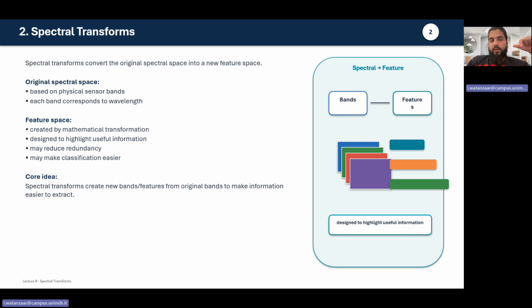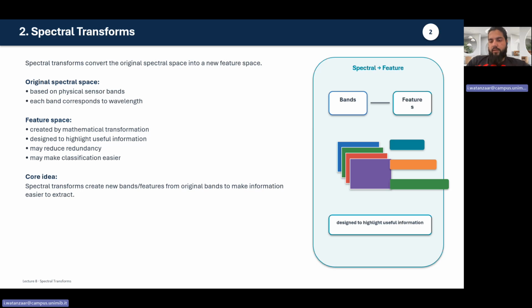This applies to the sensed spectra after certain pre-processing and data correction in basic analysis. So far we have seen those, but we would like to transform them more, and the idea of more transformation is to extract more features. The original spectral space is based on one physical sensor, and each band corresponds to its wavelength.